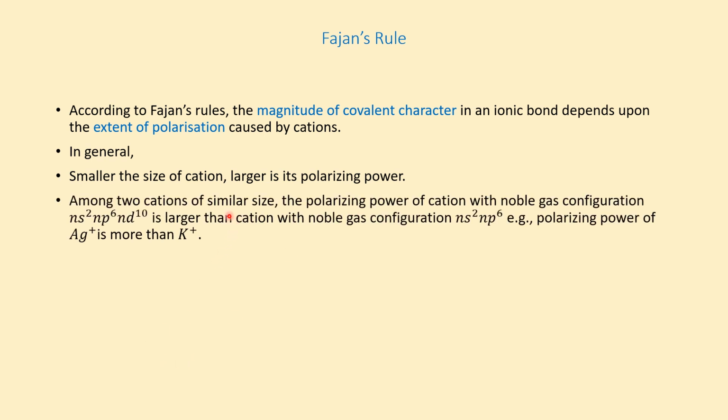Among two cations of similar size, the polarizing power of a cation with configuration ns2 np6 nd10 is larger than cations with noble gas configuration ns2 np6. For example, polarizing power of silver plus is more than K plus. The larger the anion, the more will be its polarizability.